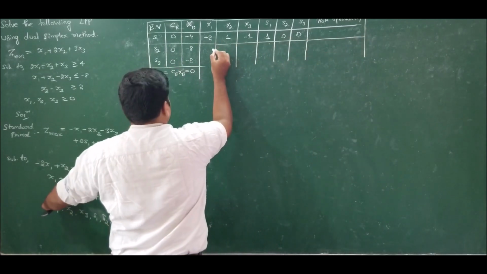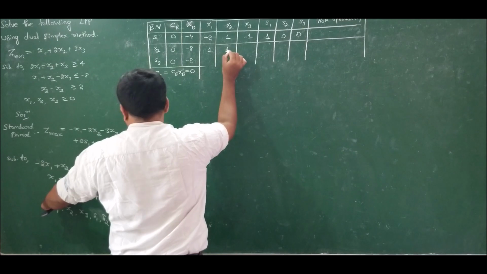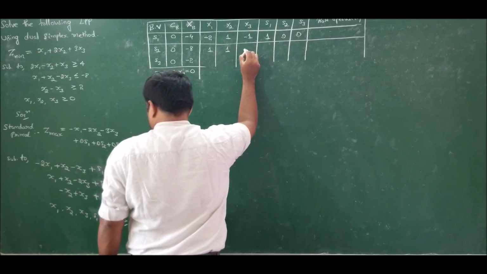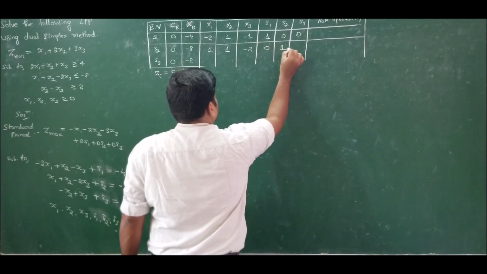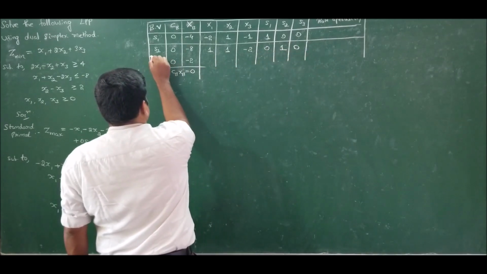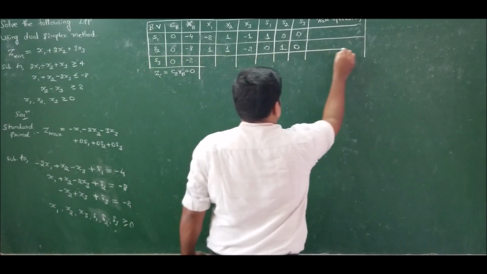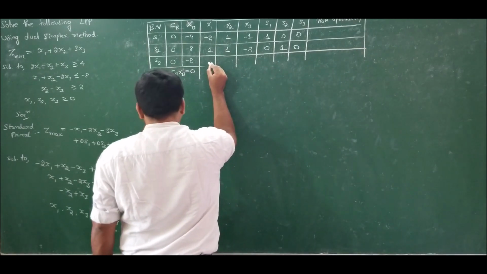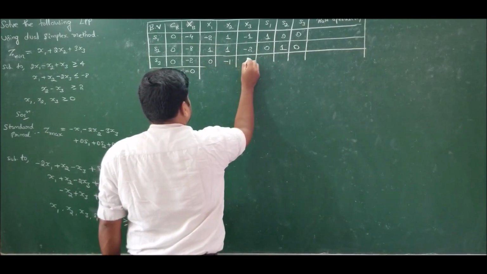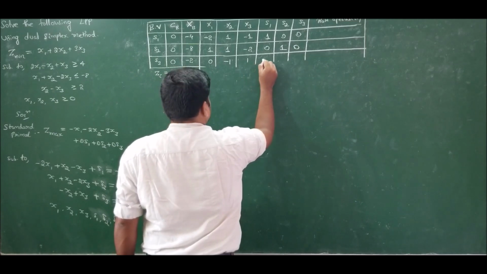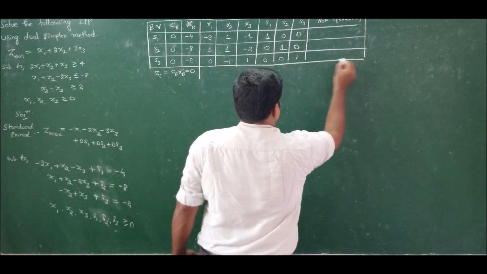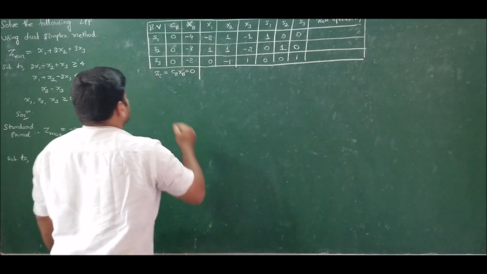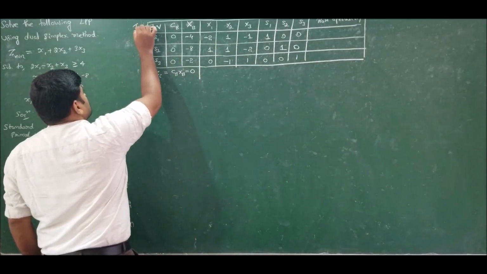Here we have +1 plus 1, -2, 0, 1, 0, and finally we have 0, -1 plus 1, 0, 0 plus 1. So this you know how to do. So this is step 1.